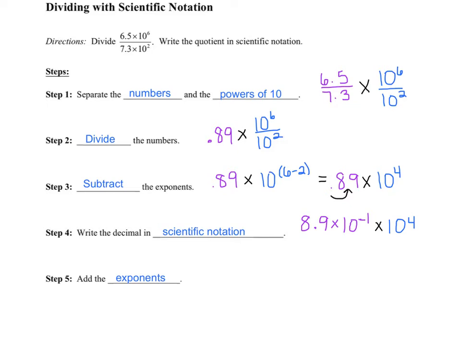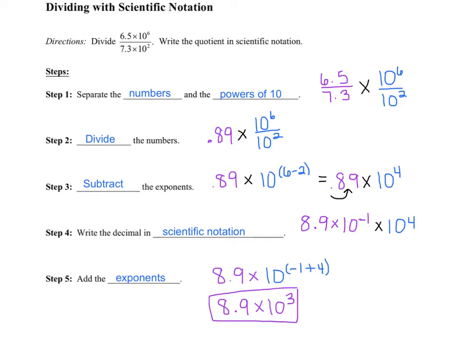Therefore, our final answer is 8.9 times 10, and we're going to say negative 1 plus 4, which is going to give us 8.9 times 10 to the 3rd power. And that is your answer.